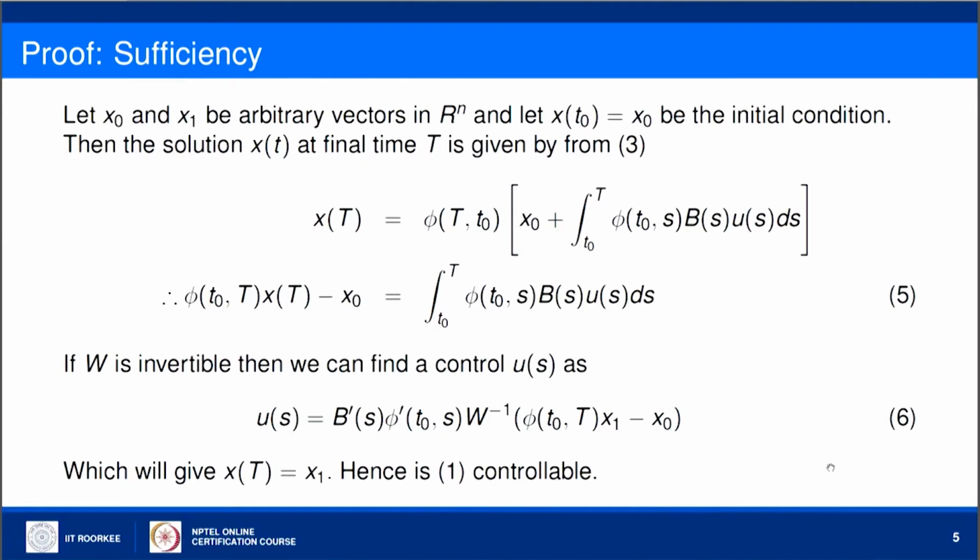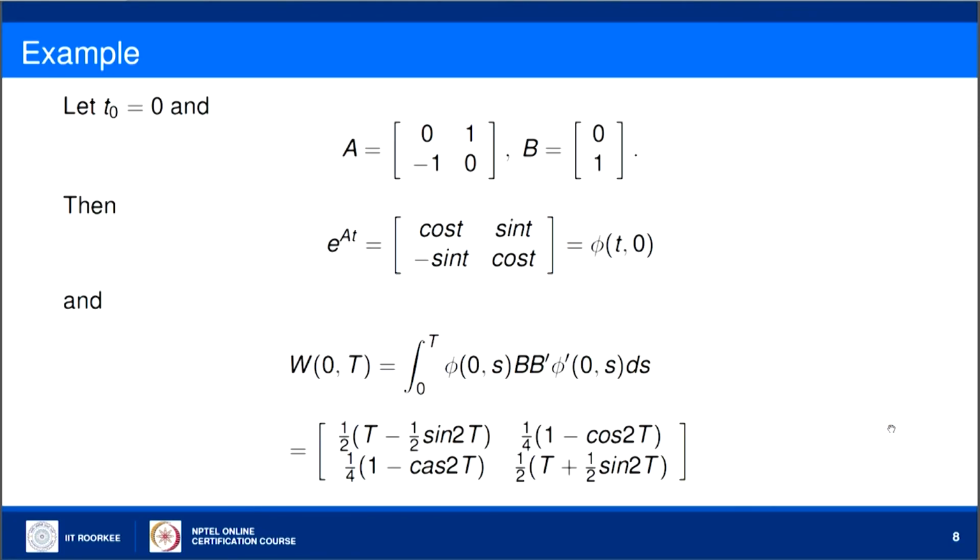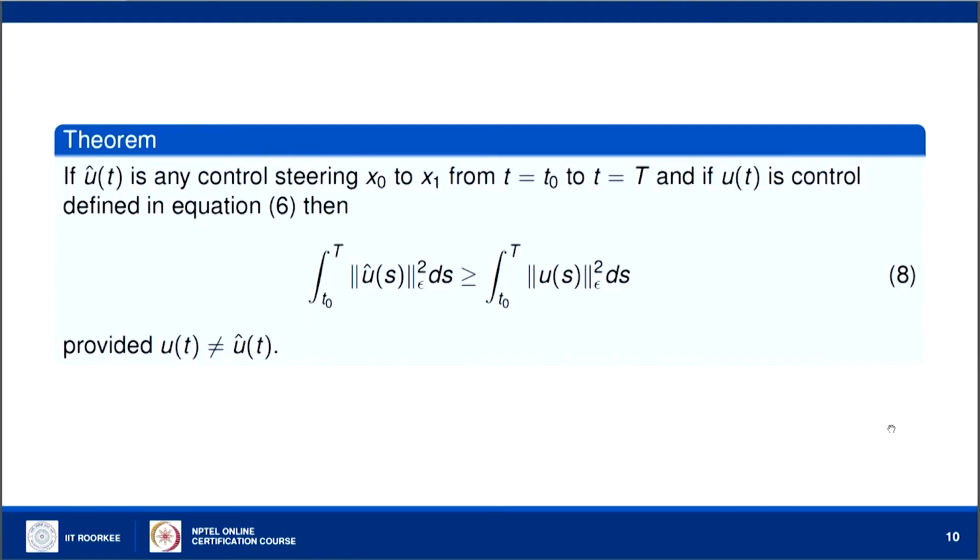We have seen that the control u of s given by equation 6 is optimal in the sense given in the theorem, that the integral of the norm of u of s squared is minimized.